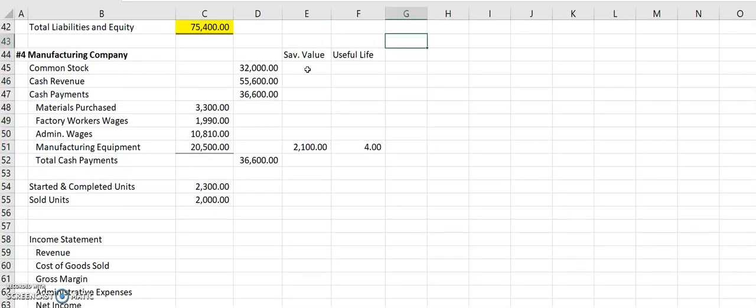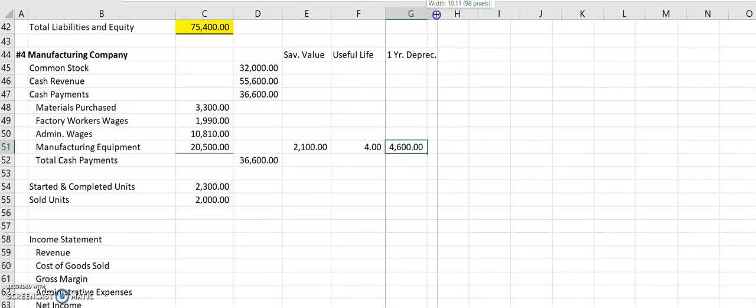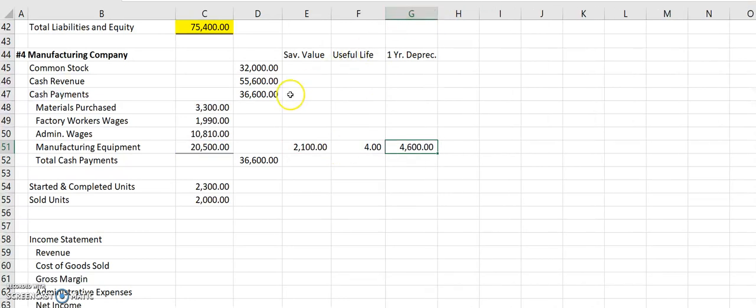So its 1-year depreciation is going to be its total cost minus its salvage value divided by its useful life. So 1-year depreciation on that manufacturing equipment is going to be $4,600.